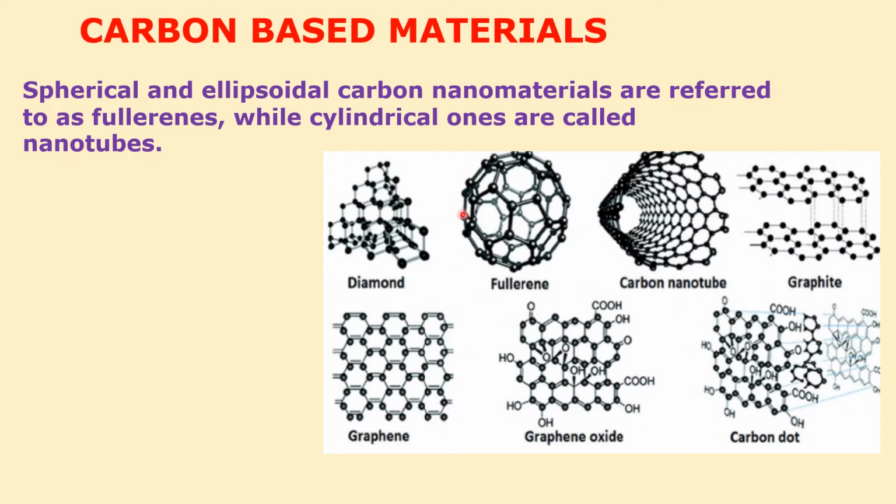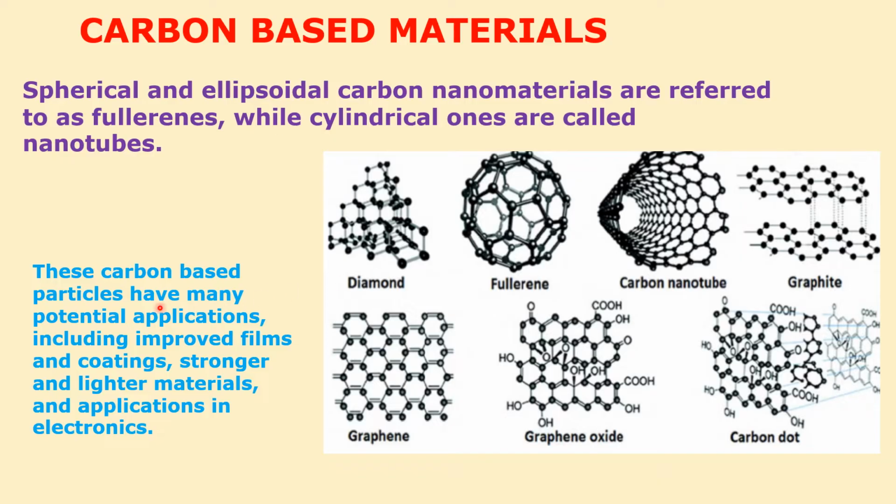These all show how the carbon is arranged to make these nanostructures, and they have many applications in different coatings, they are used to give strength to other materials, and they have applications in electronics and other devices also.